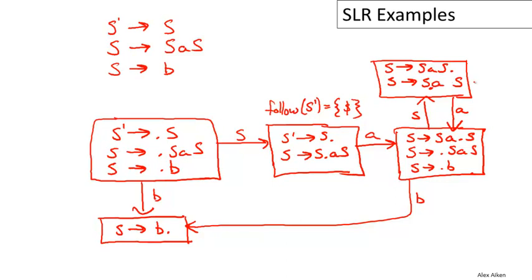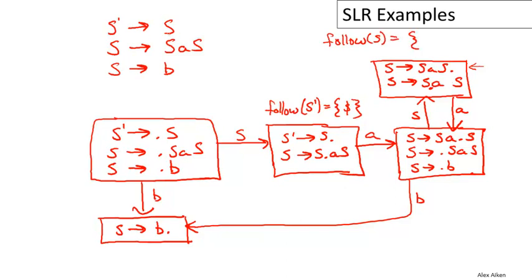That leaves us with just this state to think about. Now this state does have a reduce move. The first item here is a reduction, and that says that we should reduce by S goes to SAS if whatever comes next is in the follow of S. So we're going to need to know what is in the follow of S.